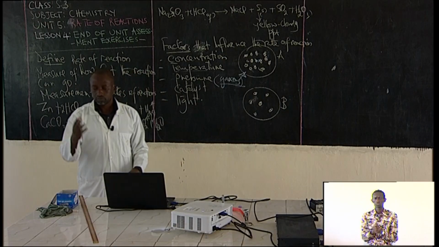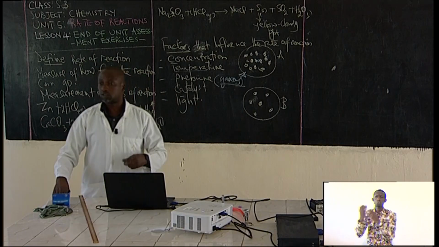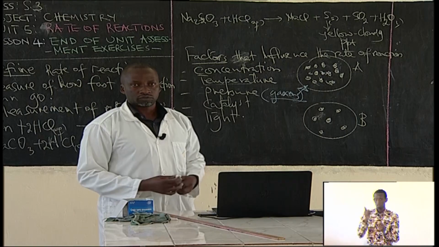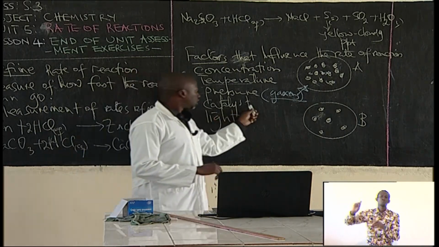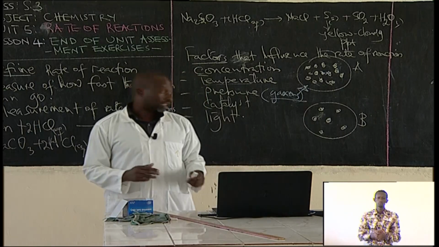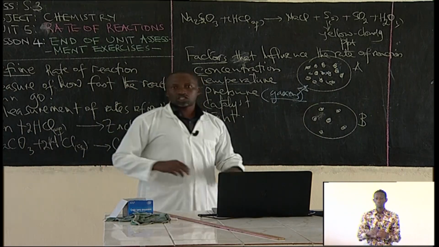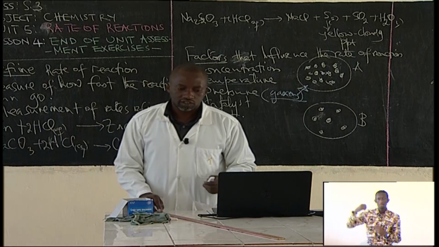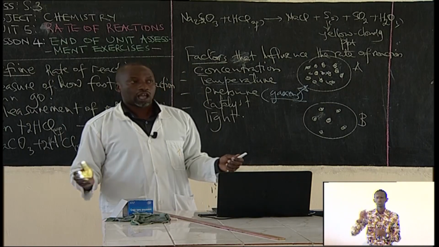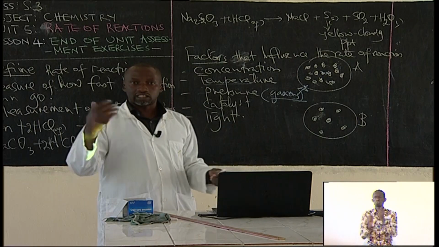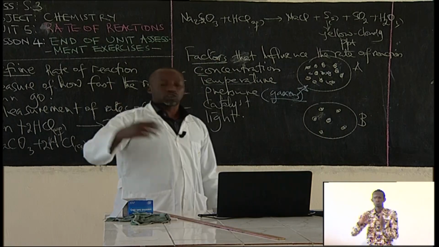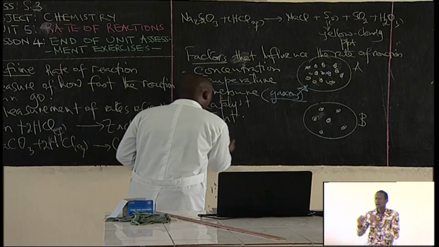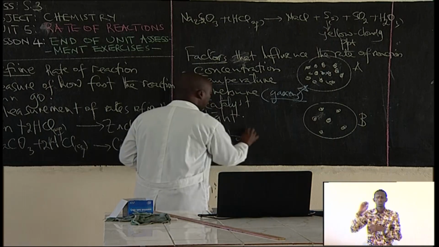Catalyst, we mentioned that the catalyst provides another route that lowers the activation energy. So the activation energy is lowered by the catalyst. Light, there are some reactions that will take place, and they use light as a catalyst. In photography, there is decomposition of silver.